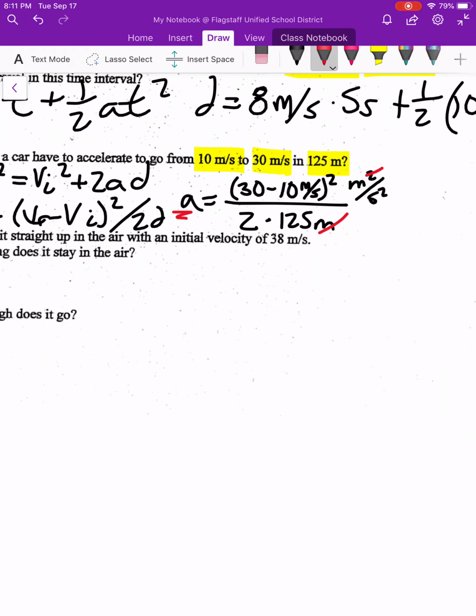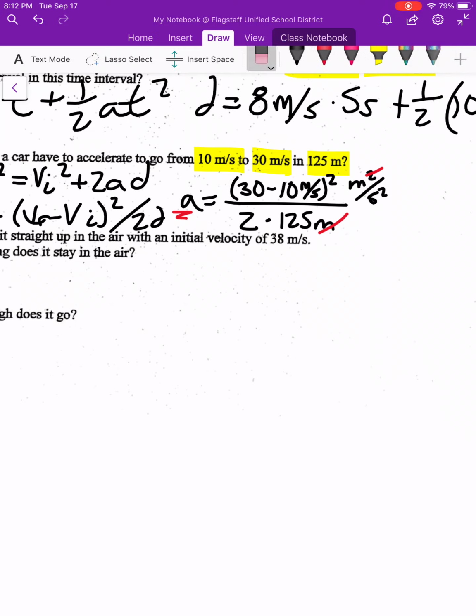I'm checking this and it looks like there's a different answer. Okay. So I combined my exponents, my 30 minus my 10 squared.